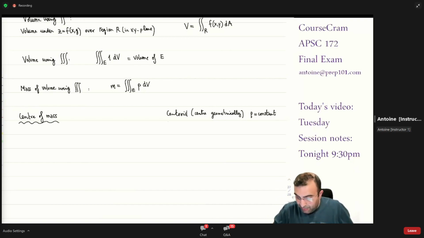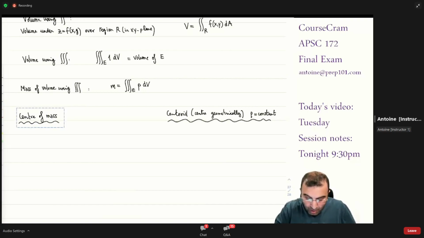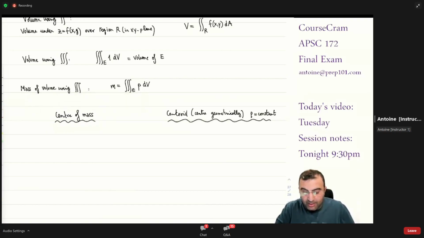For the center of mass, the density isn't a constant. Let's look at the 2D case. Again, I'm giving you all the possible formulas that we could encounter, and then we're just going to spend the rest of the time practicing. So in 2D, we have the center of mass, which is x bar, y bar, and the centroid would be x bar, y bar.